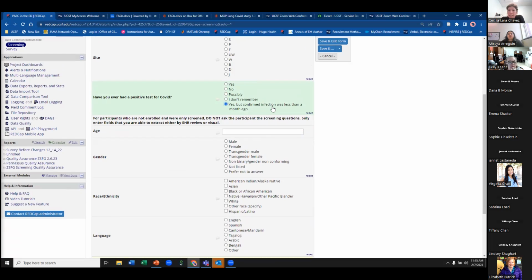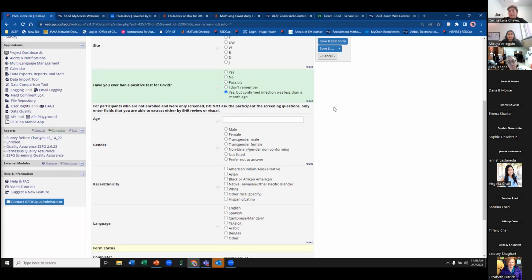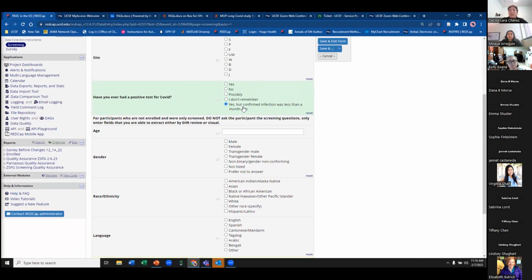If they say yes, but the confirmed infection was less than a month ago, so this means that the patient said, oh yeah, last week I had COVID, or 2 weeks ago, 3 weeks ago, and they've never had COVID before that either, then you wouldn't enroll them. It has to be greater than a month.